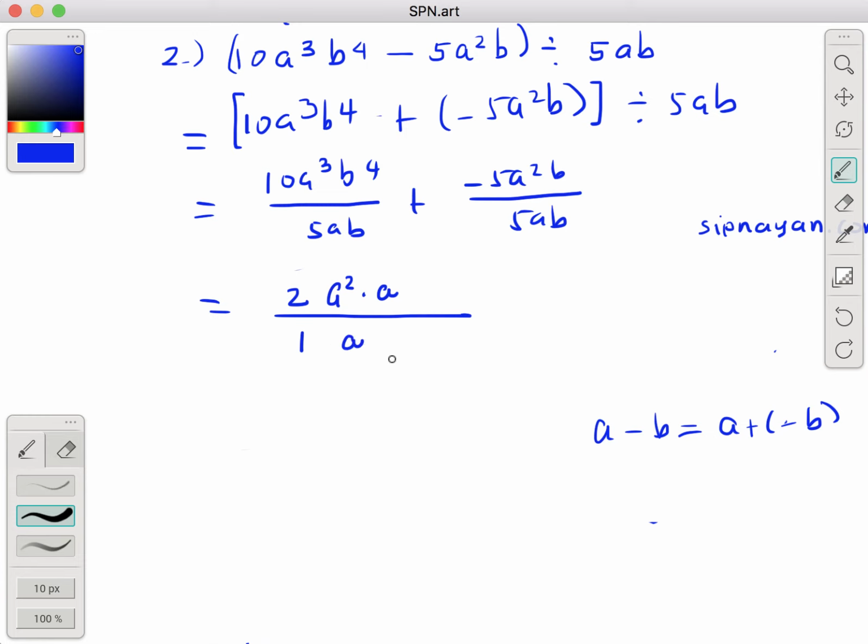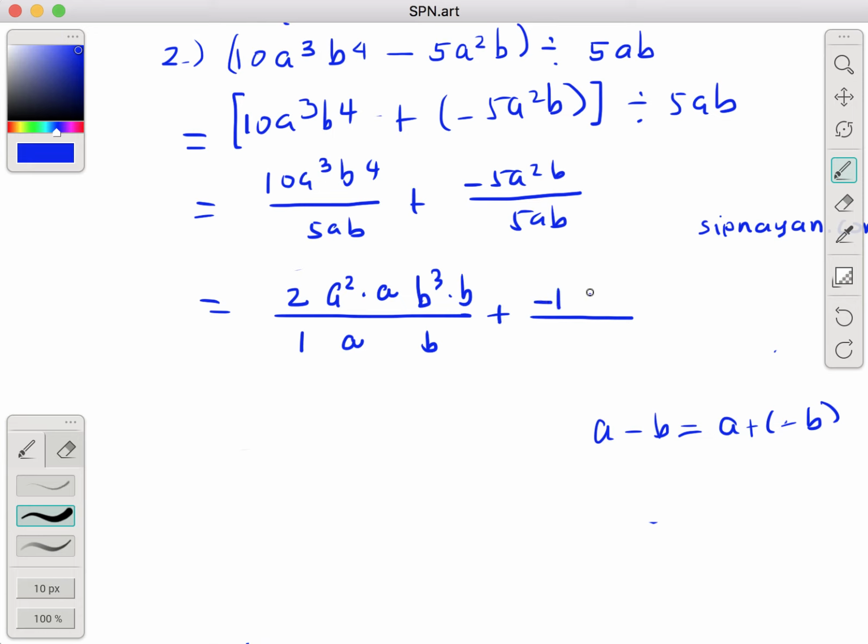And then ang b to the fourth, gawin din natin siyang b cubed times b, para pwede rin tayo mag-cancel. And then we have plus negative 5 at saka 5. Anong common divisor nila? 5, greatest common divisor. So, negative 5 divided by negative 5 is negative 1.